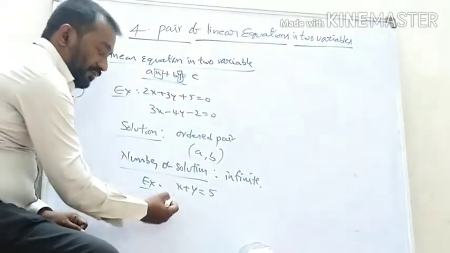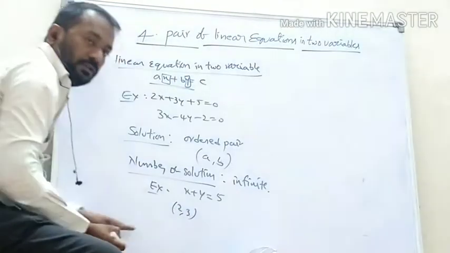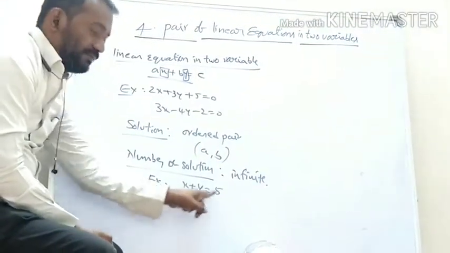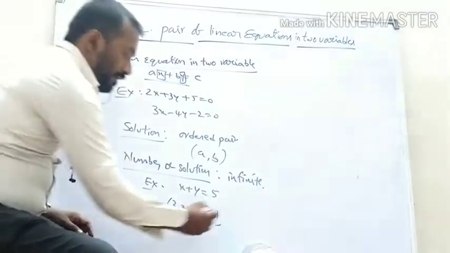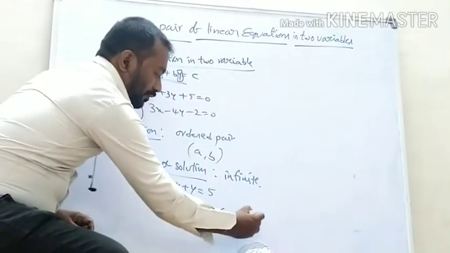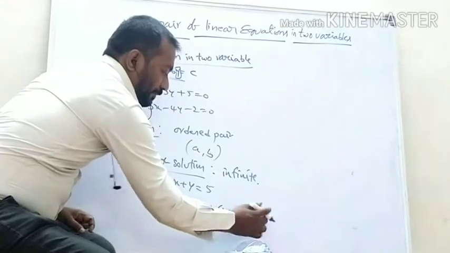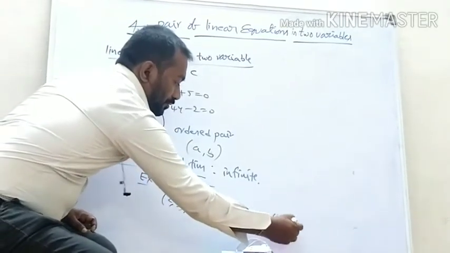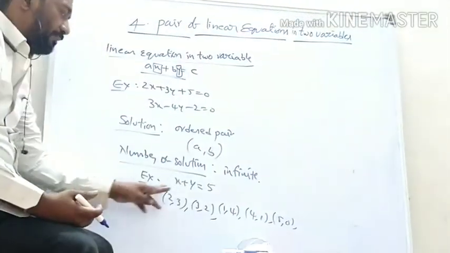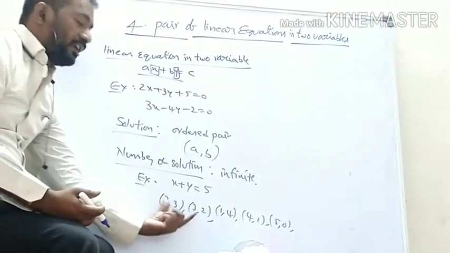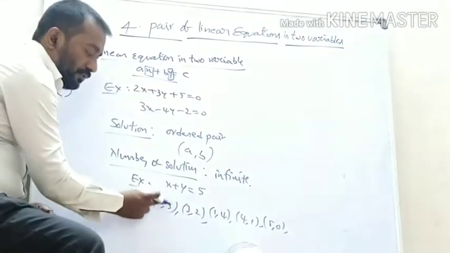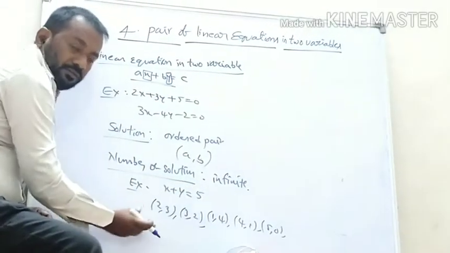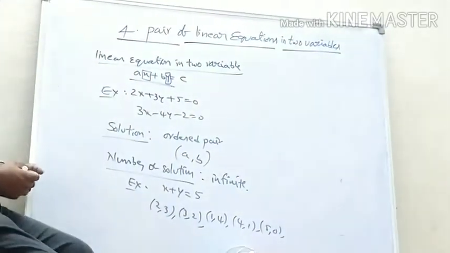Which ordered pairs satisfy it? 2 comma 3 satisfies, since 2 plus 3 is 5. 3 comma 2 satisfies. 1 comma 4 satisfies. 4 comma 1, 5 comma 0, 0 comma 5, like that there are infinitely many ordered pairs. All these ordered pairs satisfy the given equation.